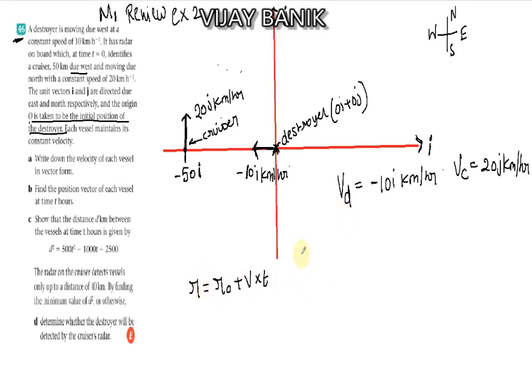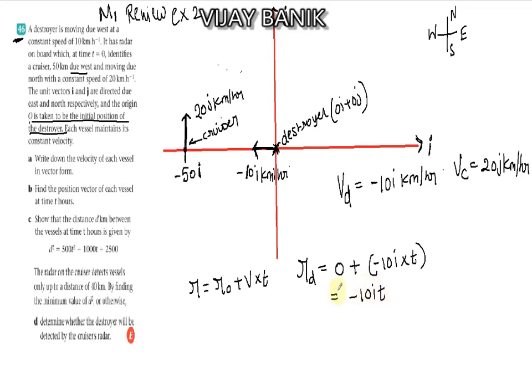Now we have to find it for each vessel. Let's talk about the final position vector of the destroyer, rd. What was the initial position vector? That is going to be 0. What was the velocity? Minus 10i, and time t. So overall the final position vector is minus 10it.